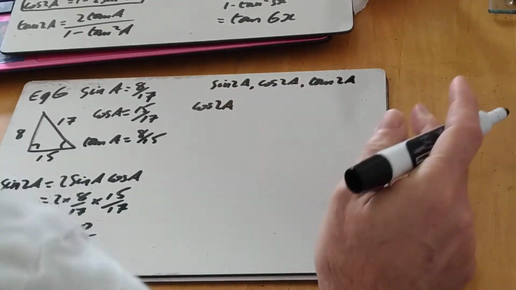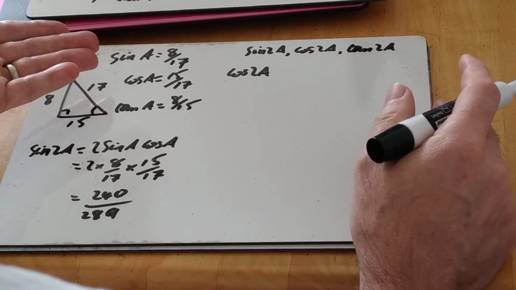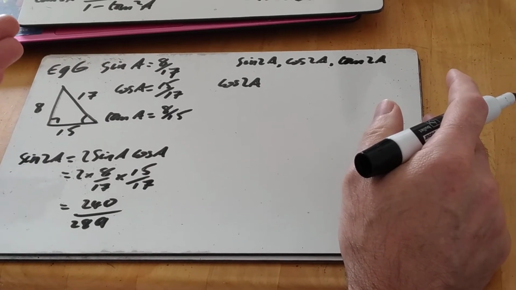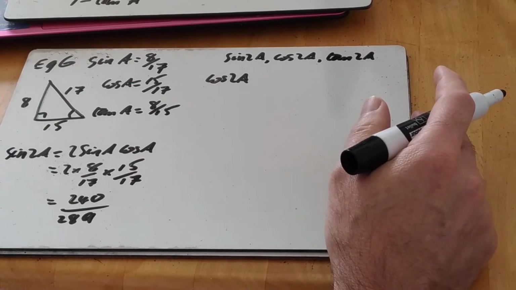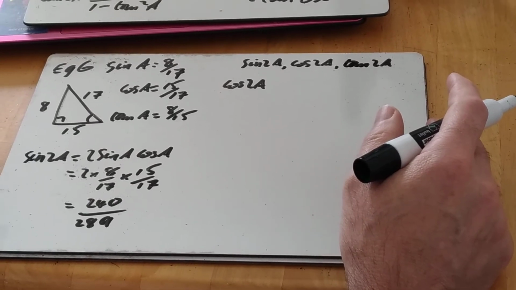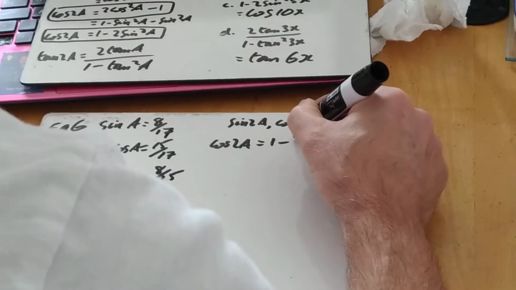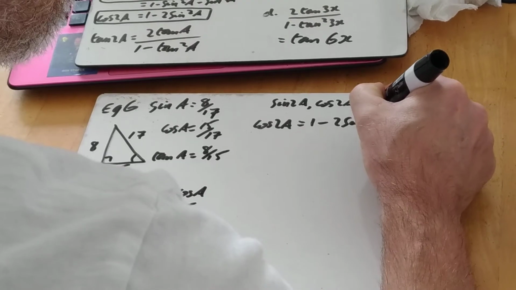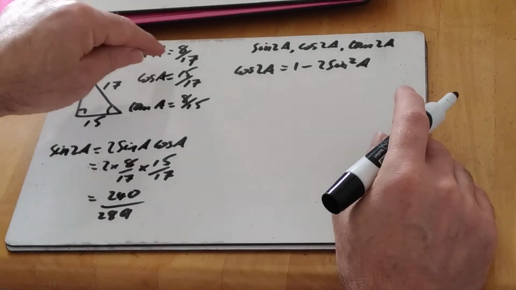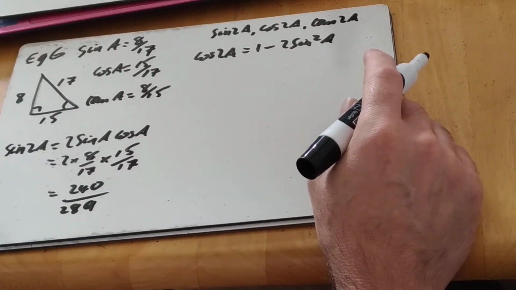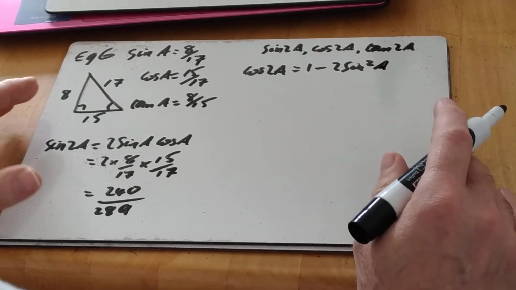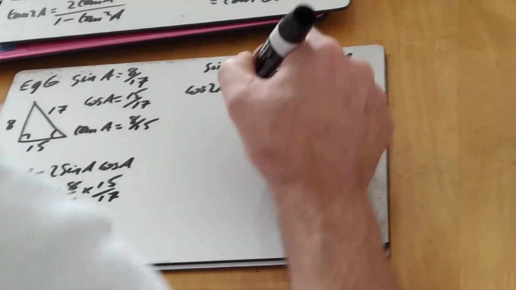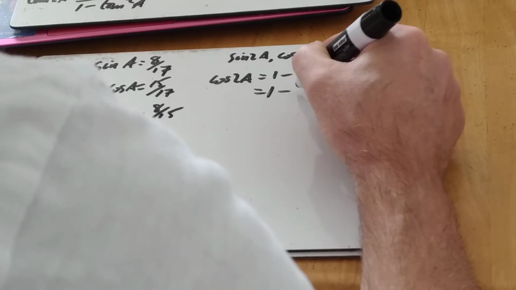Cos 2A. You can do any of the three versions because we know what sine is, we know what cos is, so I can do cos squared minus sine squared, I could do 2 cos squared minus 1, I could do 1 minus 2 sine squared. I'm actually going to do the 1 minus 2 sine squared because they give me what sine A is. I might have made a mistake in cos A, we all know I haven't, but I might have made a mistake in cos A, so it's always worth using what I've been given.